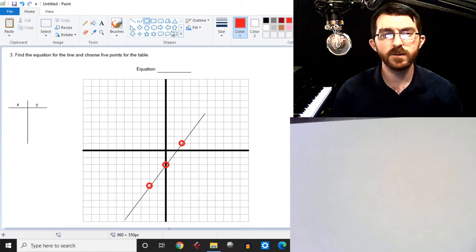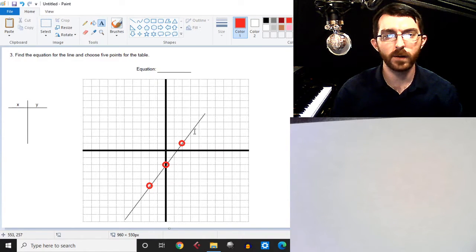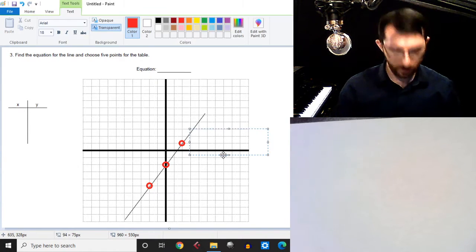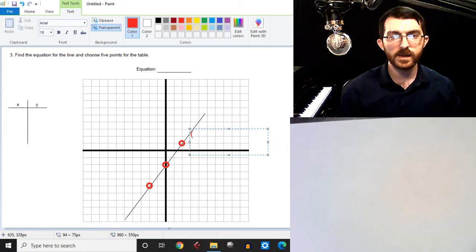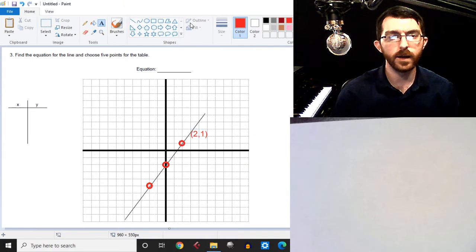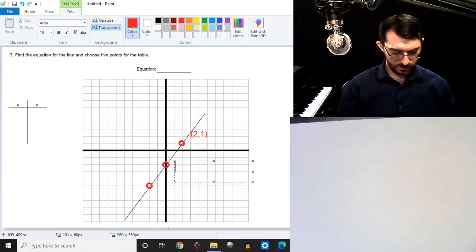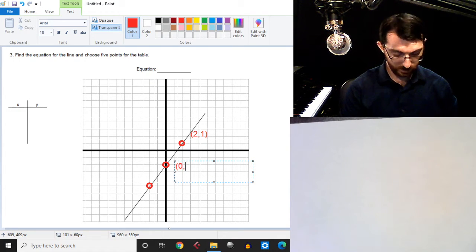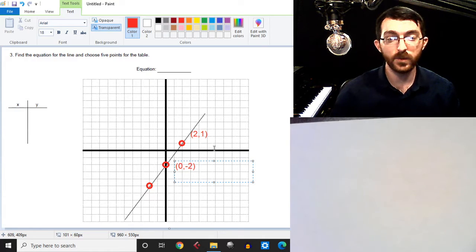So this point right here appears to be the point 2, 1. And this point right here appears to be the point 0, -2.